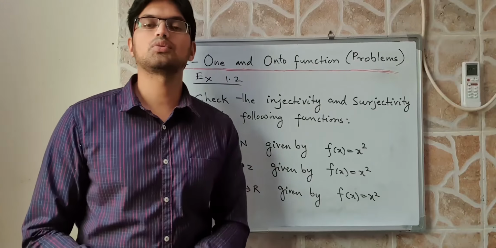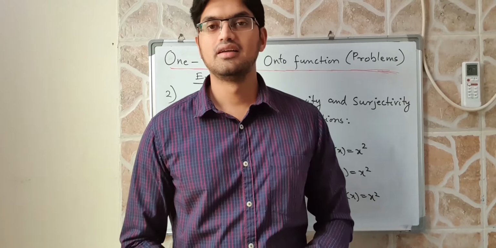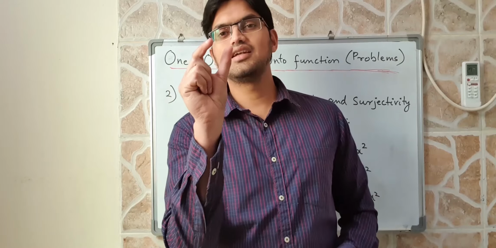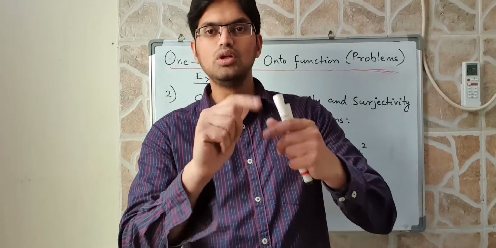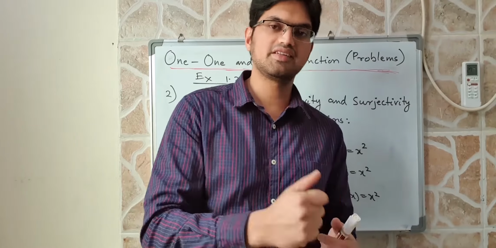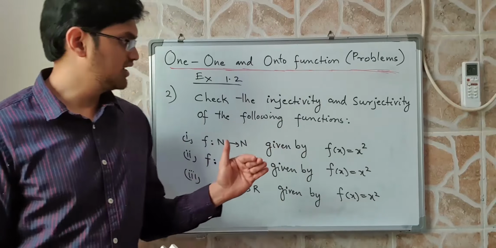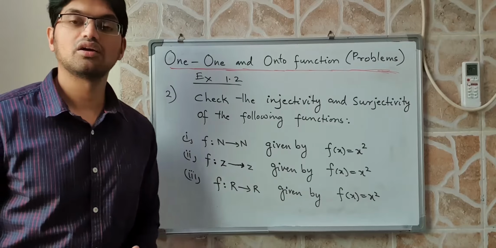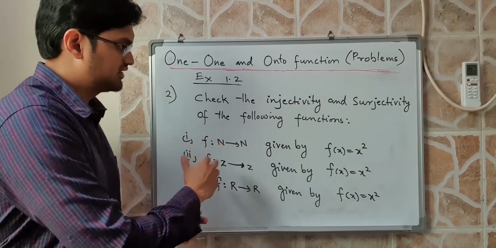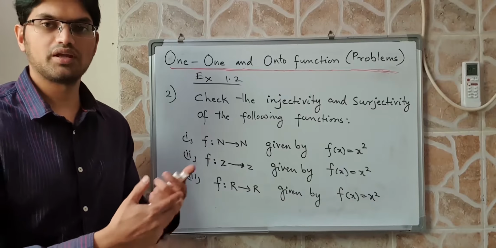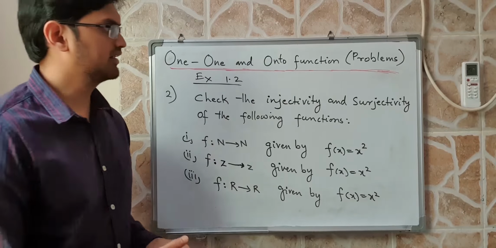So what you are actually observing here is, we are changing the domain and codomain of the function. The function rule, f of x equal to x square, is the same, but we are changing the domain and codomain. Let's see what is the effect if I change like this.